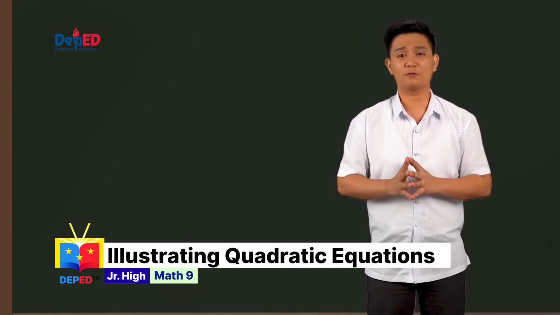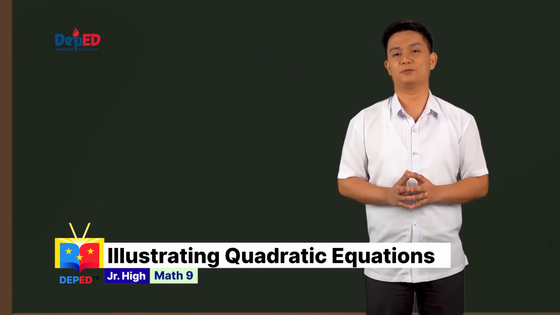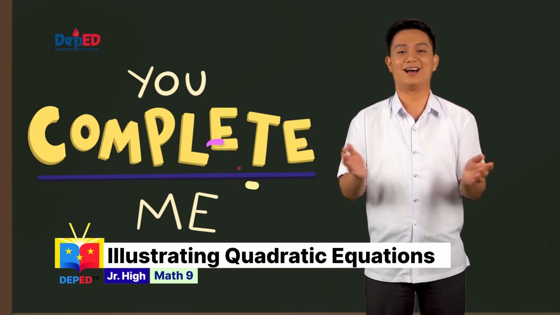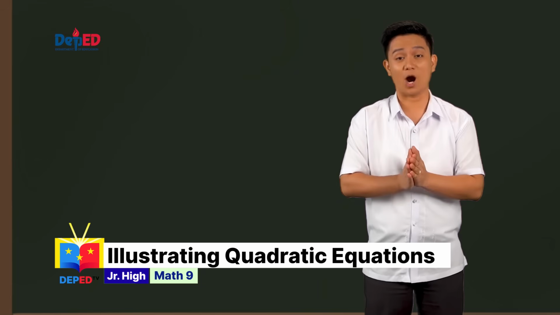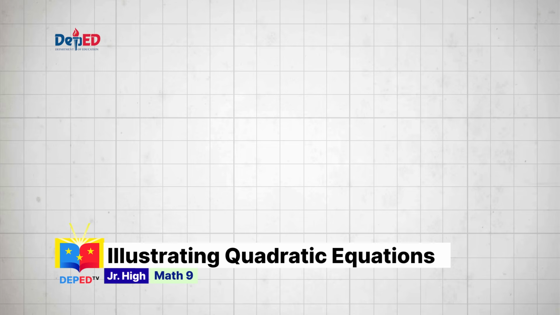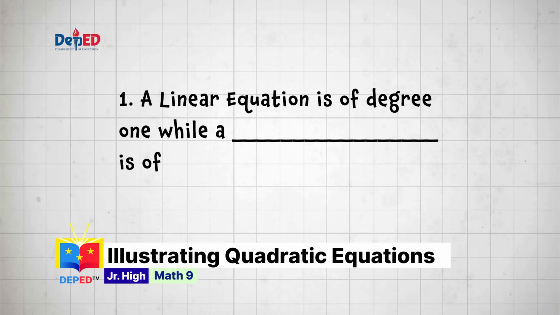Kagamath, lest we forget what we have just learned, let's have a quick recap through this activity we will call You Complete Me. Just supply the missing part of each statement. Let's have number 1. A linear equation is of degree 1 while a blank is of degree 2.